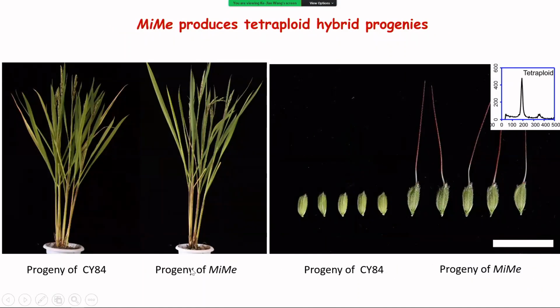The offspring of the wild type and the Mimic were also investigated. The progeny of Mimic showed increased grain size and elongated awn length. All those phenotypes are typical characteristics of tetraploid rice.